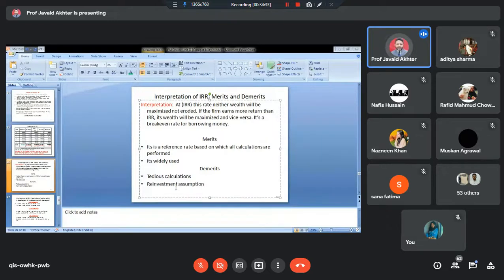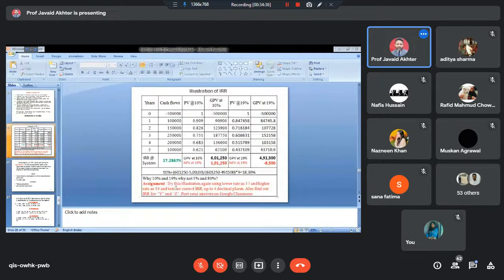Let me take you to the data. The IRR we calculated is 18%. It will be true only under the condition I am explaining now. You have received 1 lakh inflow in the first year. What is assumed to have been done is that this inflow is invested at 18.3% for 1 year.